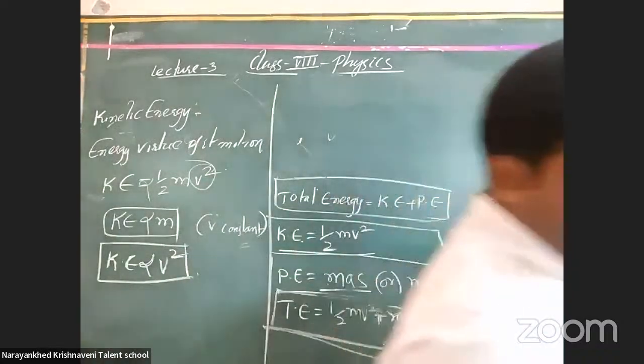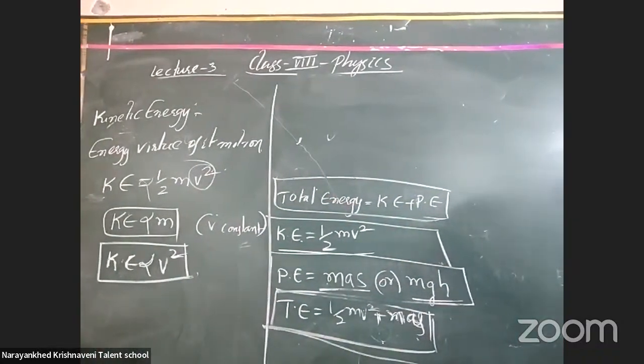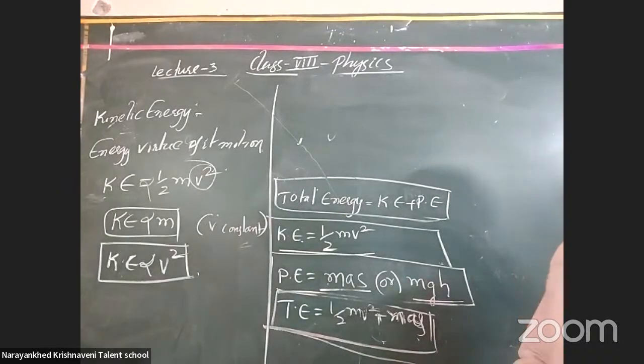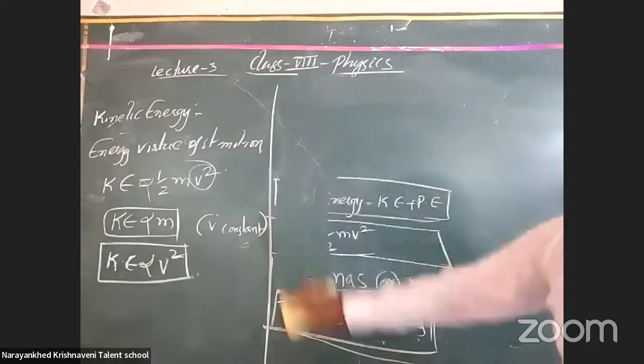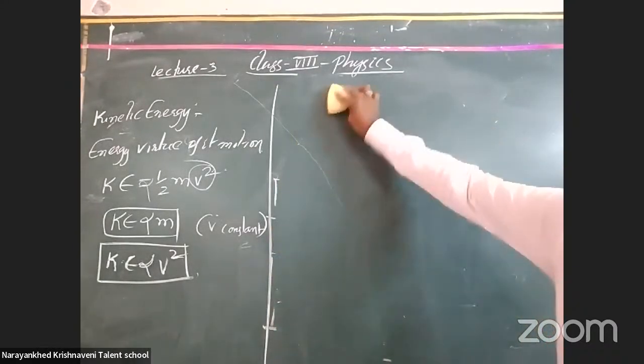And next, after this, potential energy. What is potential energy? Already we have discussed it: the energy an object contains by virtue of its position.